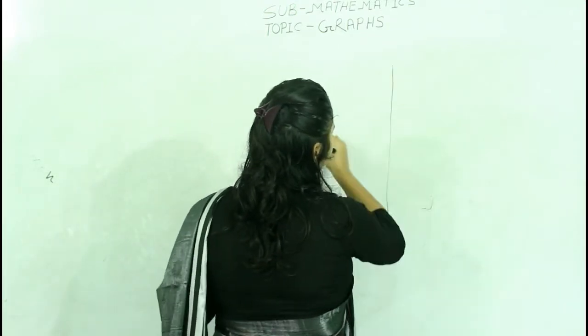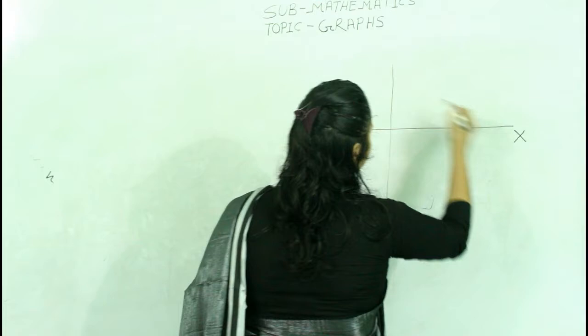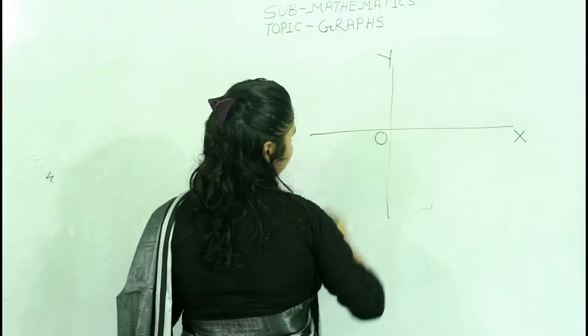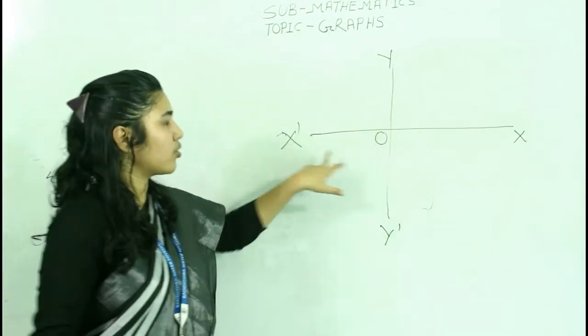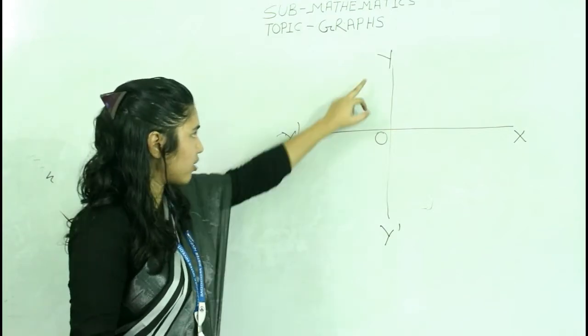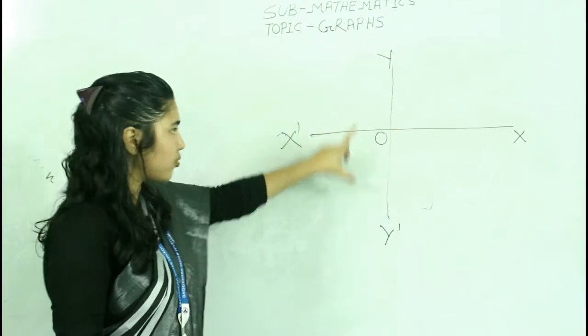So if this is the x-axis and y-axis, this is the origin, XOX' is the x-axis and YOY' is the y-axis.